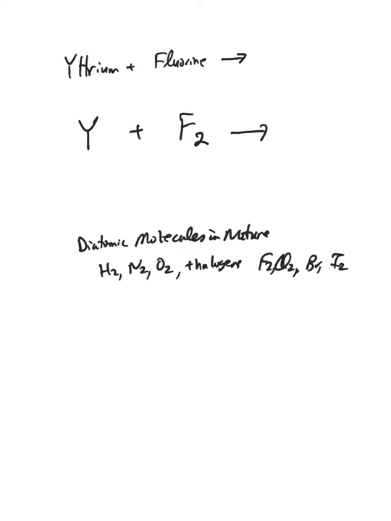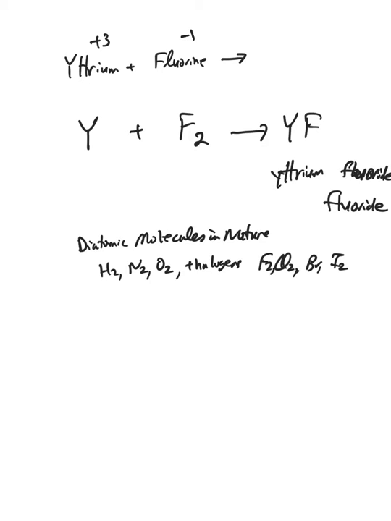So we're going to make some sort of yttrium fluoride compound. So yttrium, we said, is in group 3. It wants to get a +3 charge. Fluorine becomes fluoride, in which case each one has a -1 charge.